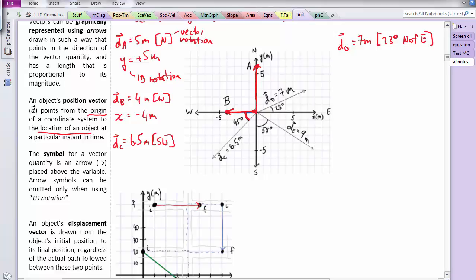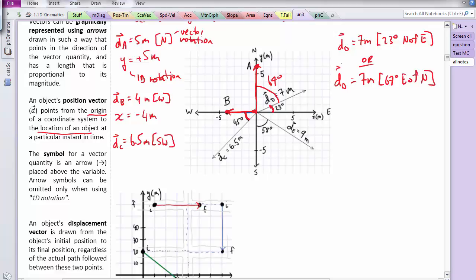We start here and we go 23 degrees up, or north, from the east axis. The same vector could be written as, because 90 minus 23 is 67, this angle here is 67 degrees. So this could be 7 meters, 67 degrees east of north.